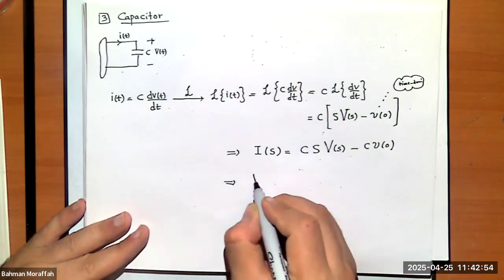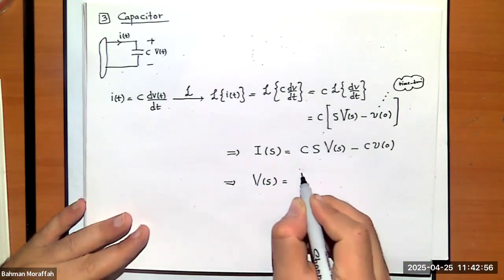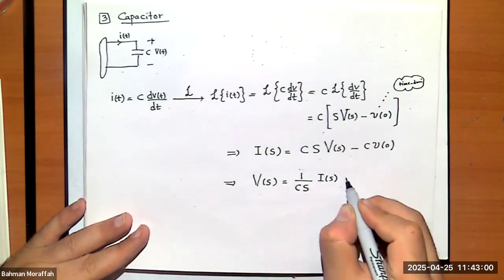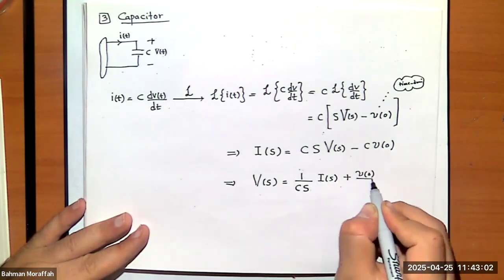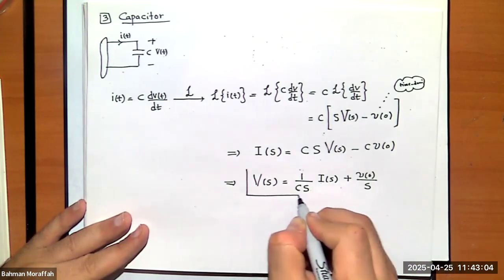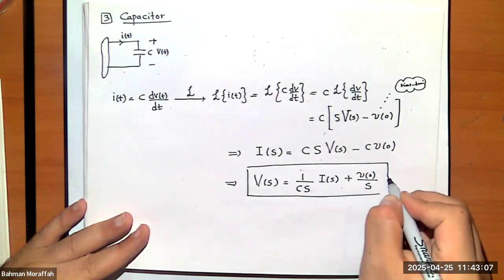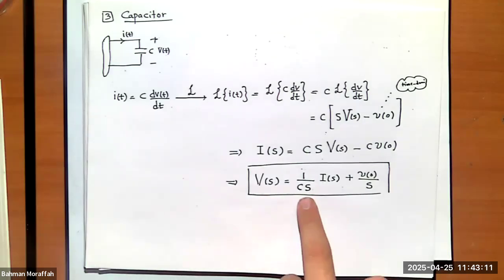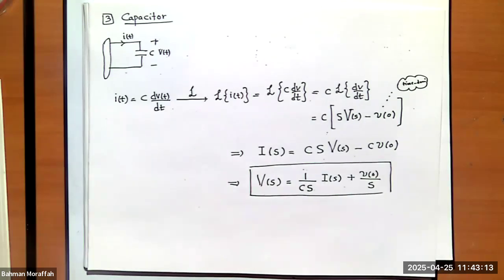So given this, V(s) equals 1 over Cs times I(s) plus V naught over s. Right? What does this tell me? It tells me I can still replace my capacitor with 1 over sC.